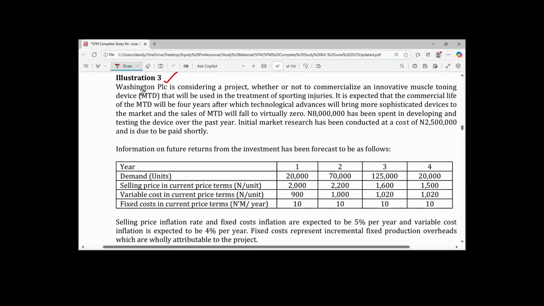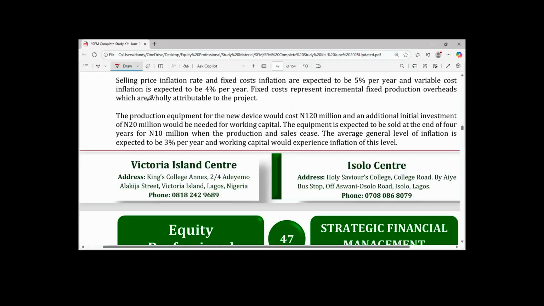Initial market research has been conducted at a cost of 2.5 million naira and is due to be paid shortly. Information on future returns from the investment has been forecast to be as follows. Selling price inflation rates and fixed cost inflation are expected to be 5% per year, and variable cost inflation is expected to be 4% per year.